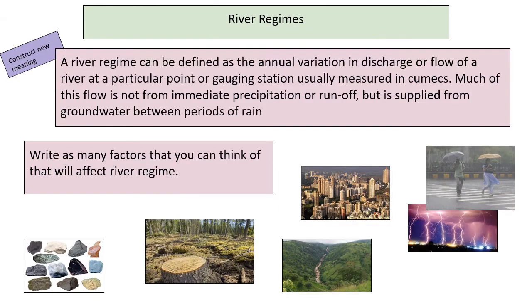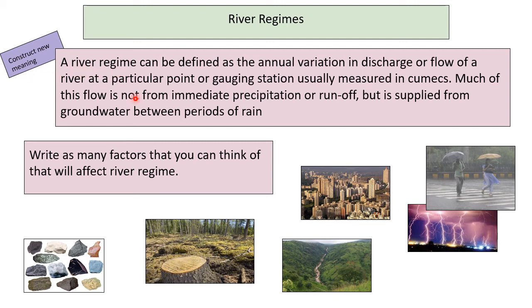Okay, so let's move on. The idea of looking at the soil water budget is that it tells you how much water is in the soil, and by default how much is flowing into local rivers. And with rivers, what we often talk about is something called a river regime. Again, you'll need to add this to your glossary.